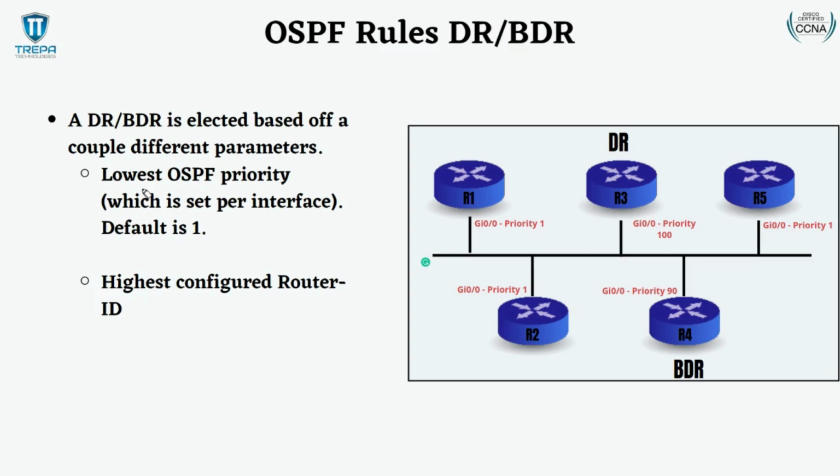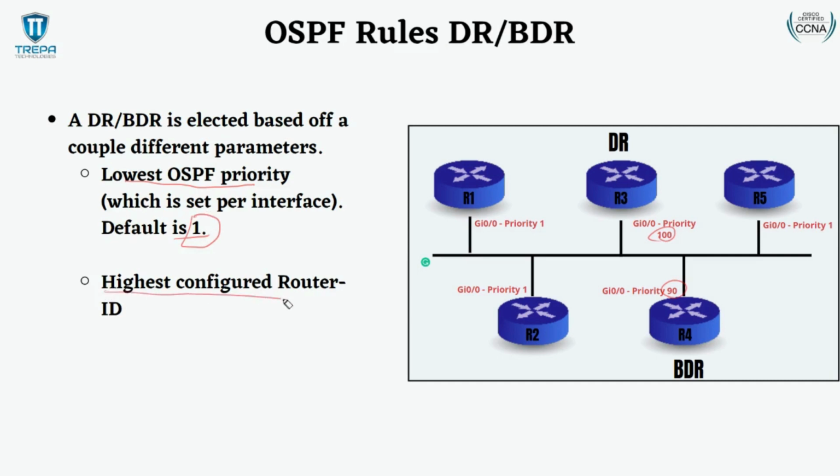The default OSPF priority is 1. The higher the priority, the more likely it becomes your DR and BDR. Now, let's say all things were left at default, at 1. How do we decide the DR and BDR?